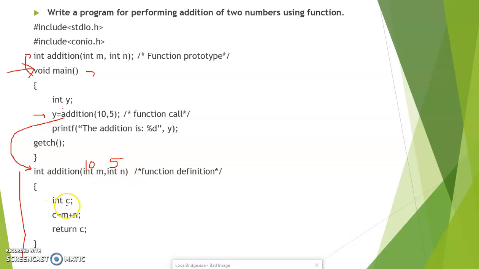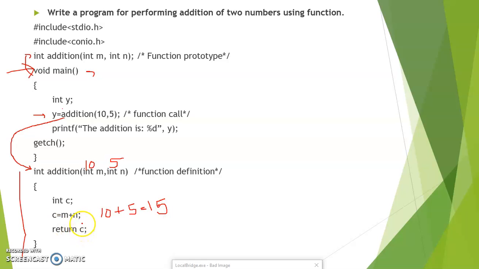Here integer c variable is declared, and what is c storing? C is performing the addition of m plus n. m is 10 and n is 5. So c is storing the value 15. 10 plus 5 is 15.